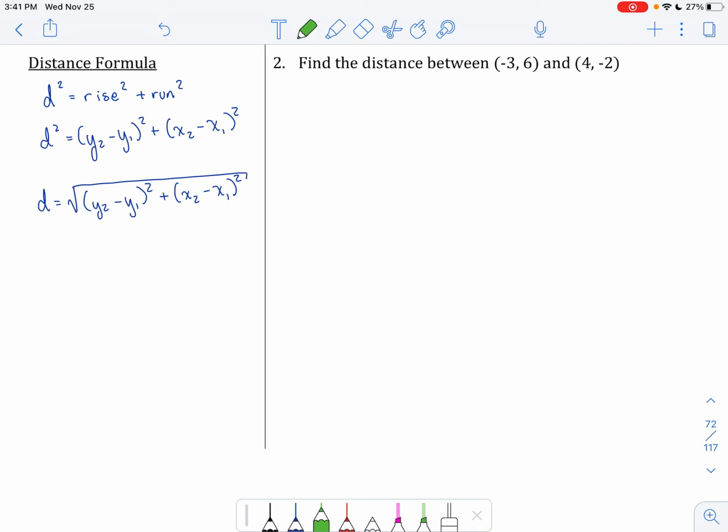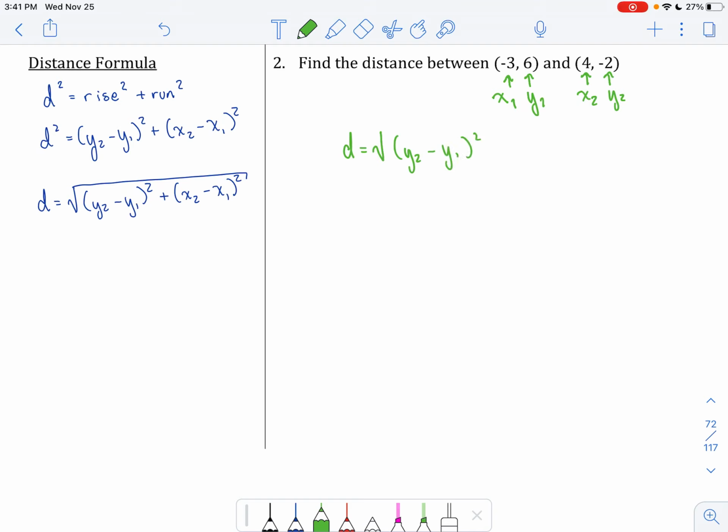So the first thing I'm going to do if I'm going to use this formula is define what each of these variables are. Negative 3 is my first x value, and 4 is my second x value. 6 is my first y value, and negative 2 is my second y value. Then I'm going to use those in the formula that we're given here.